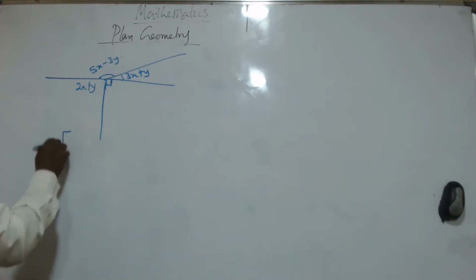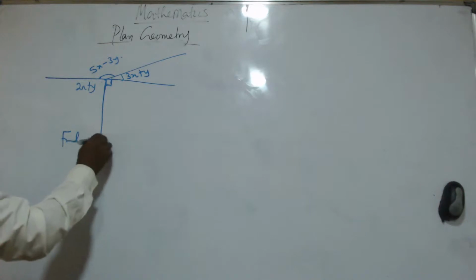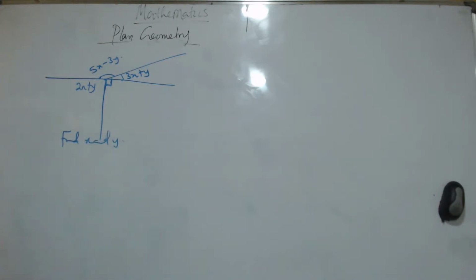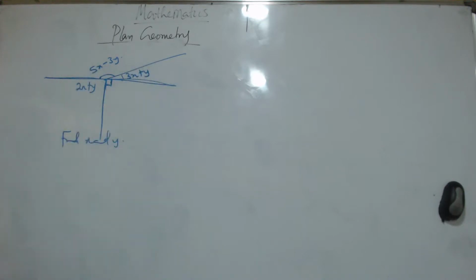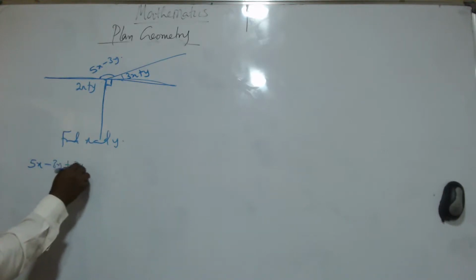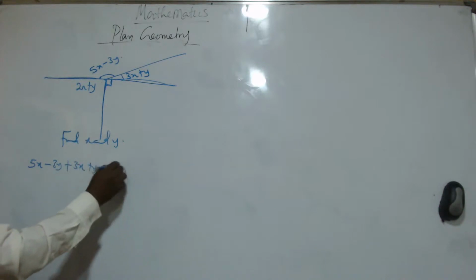Because it says find x and y. Also, we said this now forms a straight line. So having 5x plus 3y plus 3x plus y will give us 180.